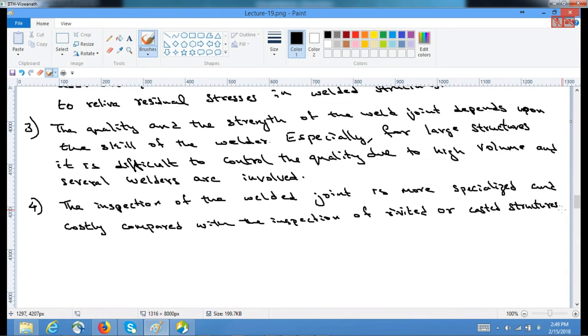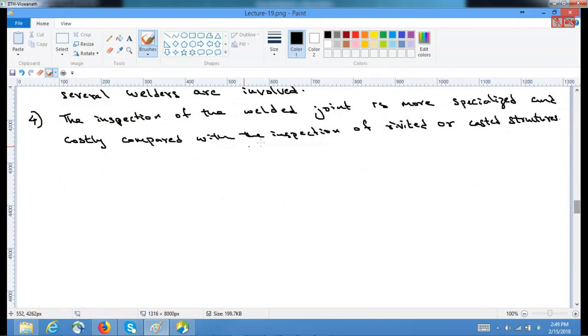Further, we'll talk about the welding process. And they can be classified into two groups.